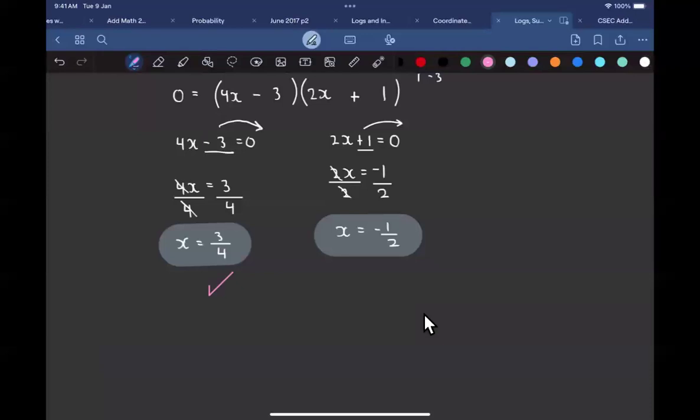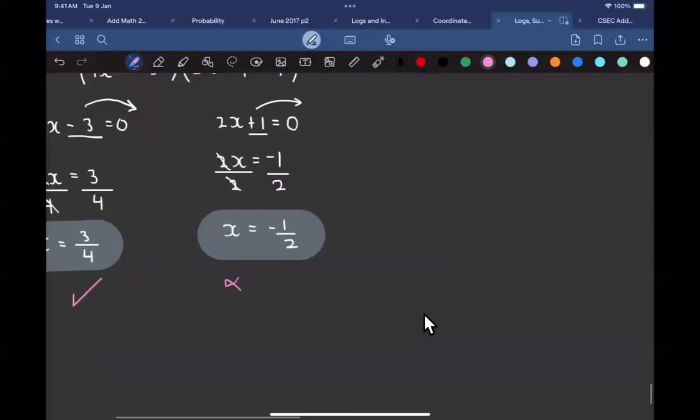Can you find log of a negative number? No, so this answer is wrong. You can't find log of a negative number. So anytime you get a negative answer, that's a problem. Cannot find log of a negative.